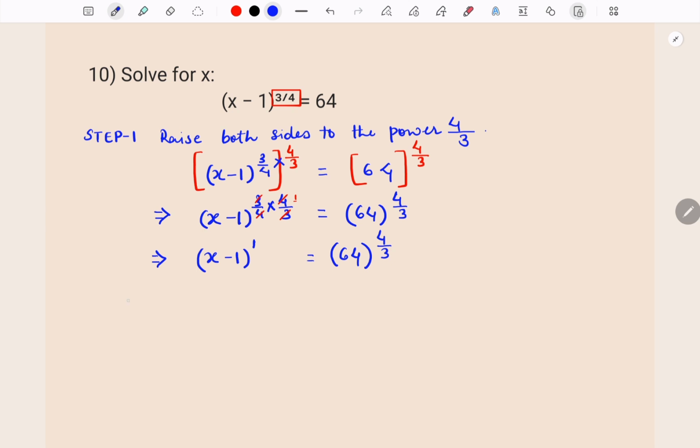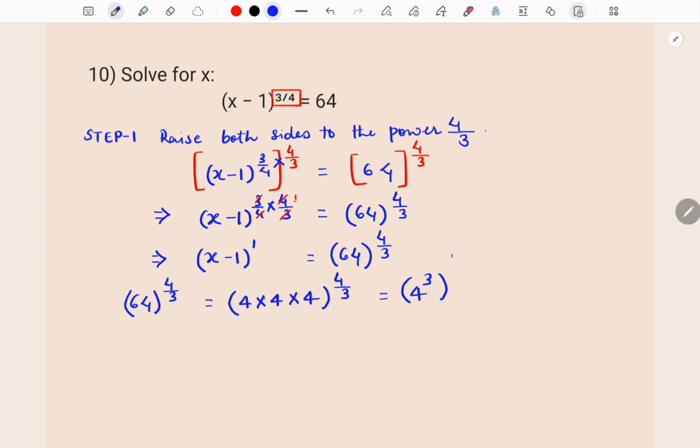Now, can we simplify the right hand side of this equation, 64 raised to the power of 4 over 3? You can write 64 as 4 multiplied by 4 multiplied by 4, right? And 4 times 4 times 4 is basically 4 raised to the power of 3.